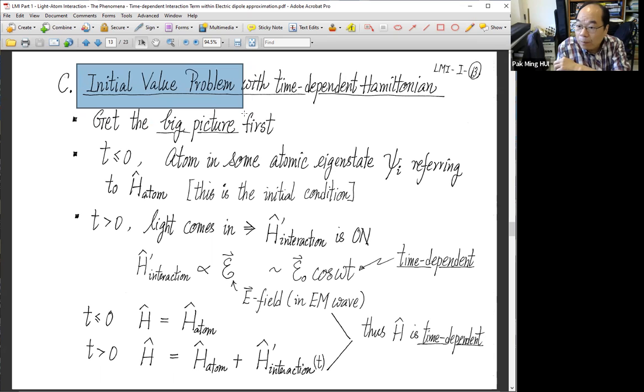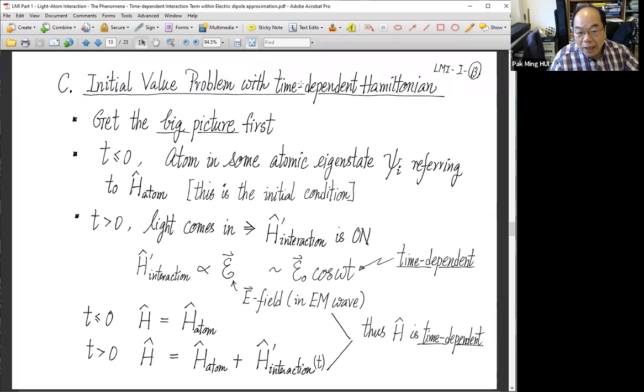Initial value problem in physics means a problem with initial conditions. So you are given a condition at time, say, call it 0, and then ask what happened at later times. So this is an initial value problem.